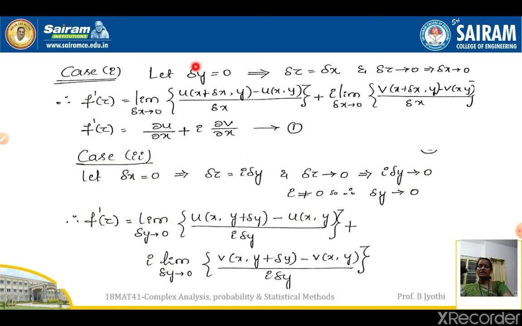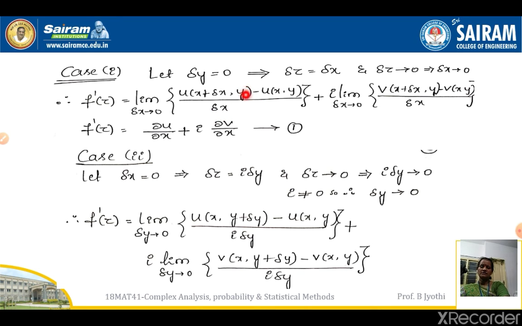In the first case, let us assume that delta y is equal to 0, which implies delta z is equal to delta x, and delta z tends to 0 implies delta x also tends to 0. Therefore, f'(z) will be the limit, instead of delta x + i delta y, because delta y was 0, as delta x tends to 0 of [u(x + delta x, y) minus u(x,y)] divided by delta x.